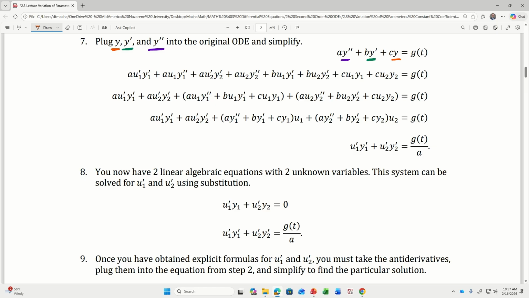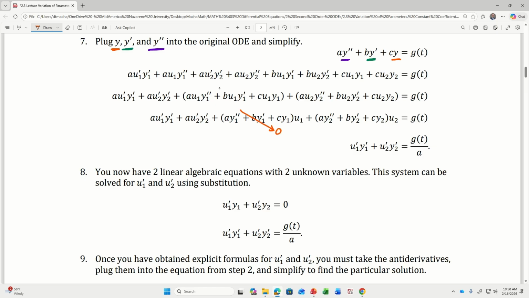I'm rearranging everything according to whether or not the term contains u1 or u2 or u1 prime or u2 prime. And then the big cancellation here happens because y1 is a solution to the homogeneous ODE, and so that's all equal to 0.